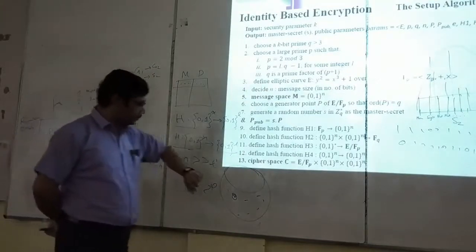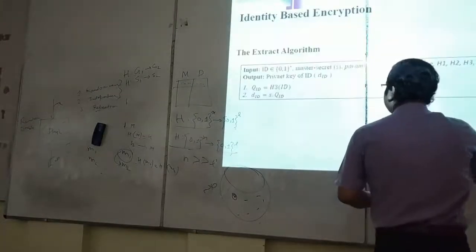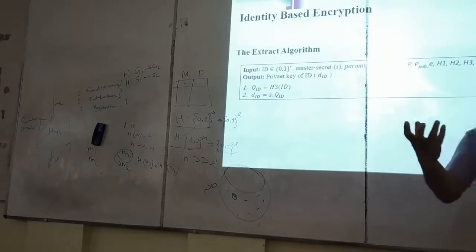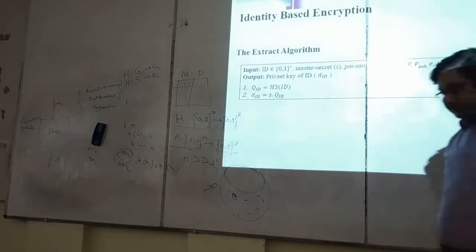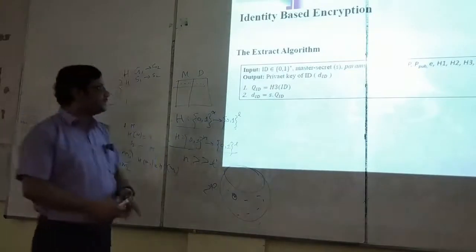Now, we will move on to the next algorithms. Extract algorithm is a very simple algorithm. Again recall, last class we discussed the extract algorithm, the key extraction algorithm actually. It takes the identity of the user and produces the private key for it. What are the steps?